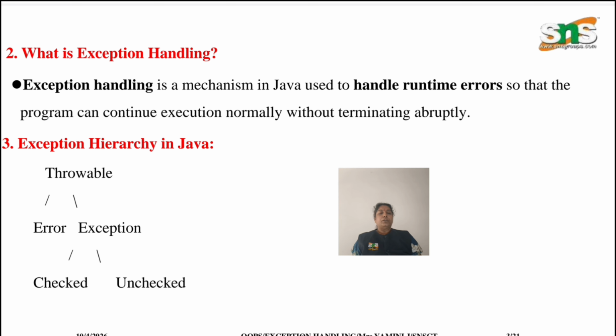At the top is the Throwable class. Throwable is divided into two categories, Error and Exception. Exceptions are further classified into checked and unchecked exceptions. The hierarchy helps programmers understand the type of problem that occurs and handle it appropriately using Java keywords and methods.